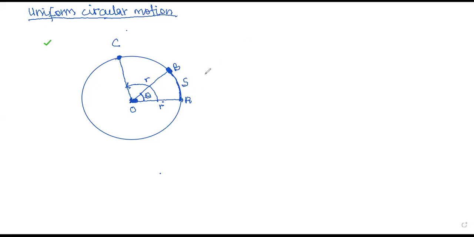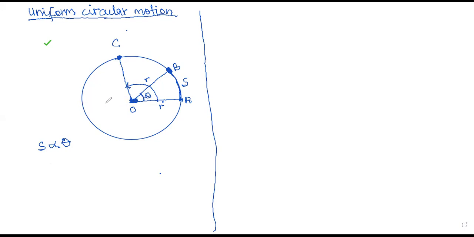So we saw that the linear displacement S and the angular displacement at the center are directly proportional to one another, because as the linear displacement increases, we also see an increase in the angular displacement at the center.